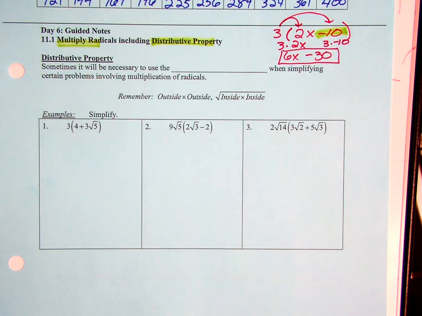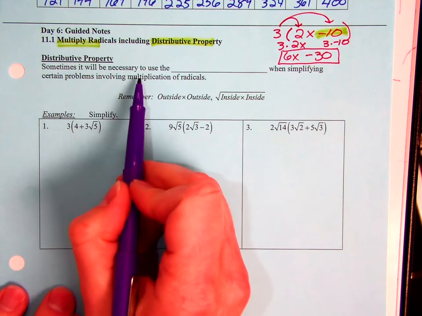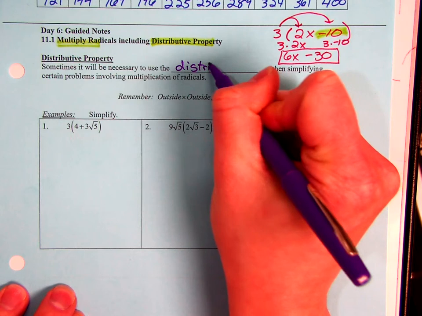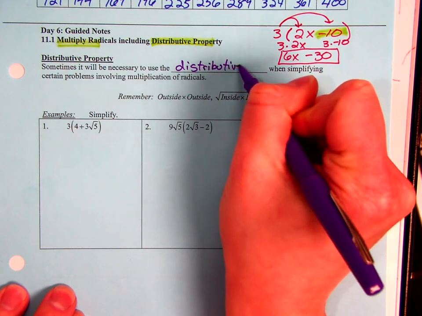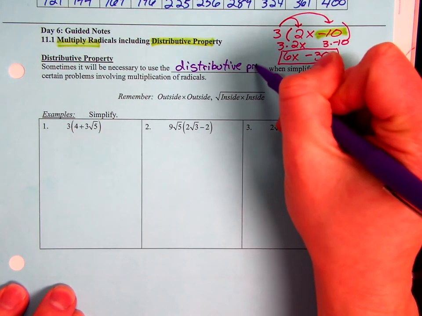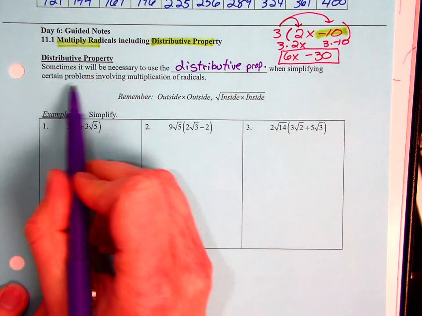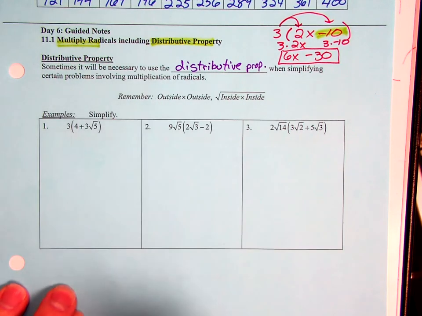Now that basic concept is what we're going to be using today, but now we're going to be doing that with radicals, so it takes a little bit more work. So sometimes it will be necessary to use the distributive property, which I'm going to abbreviate prop, when simplifying certain problems involving multiplication of radicals.